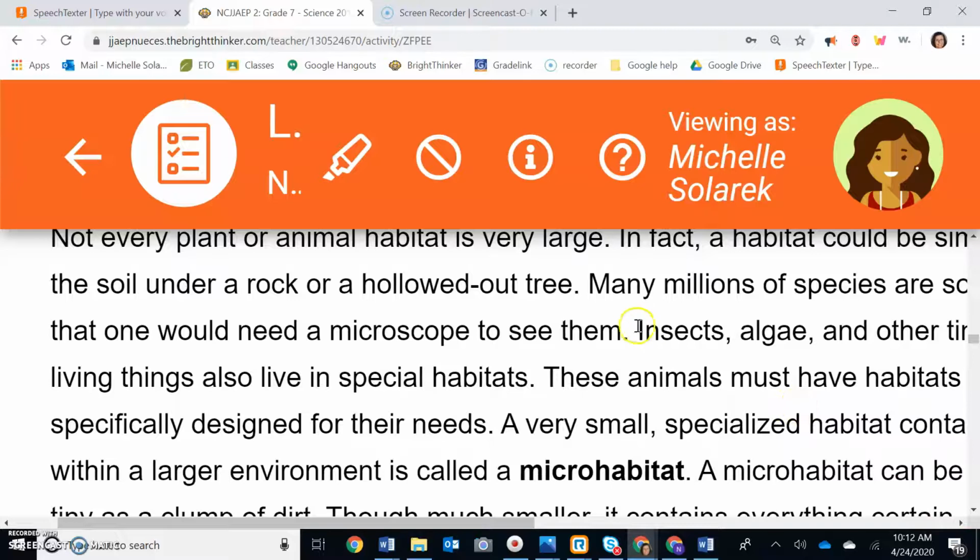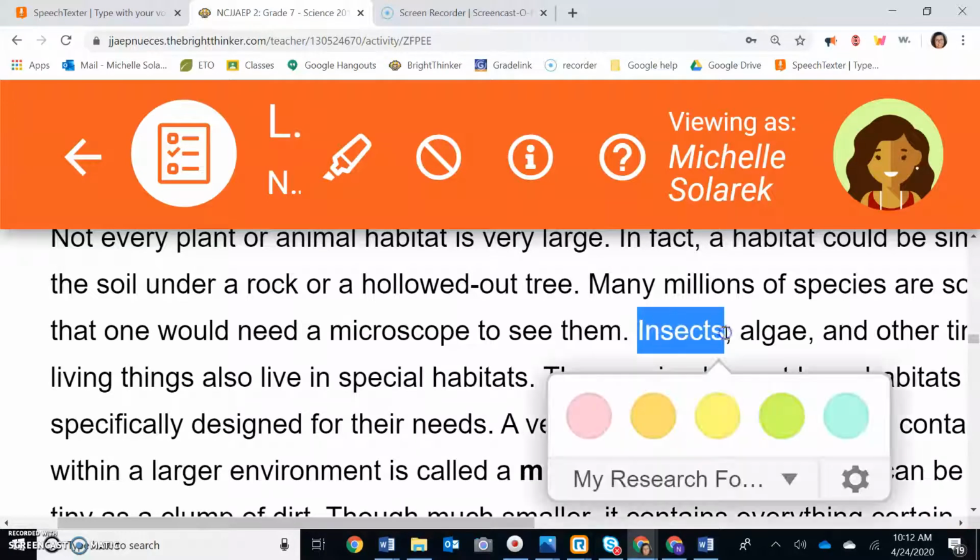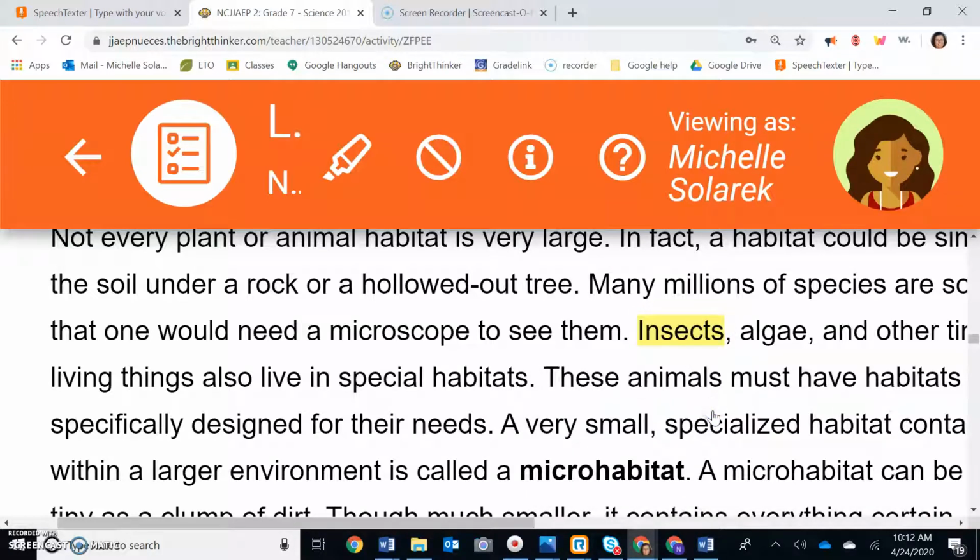So what type of little species might live in a microhabitat? I highlighted the answer for you in yellow because it's your answer, insects. So you could either say insects or name an insect like fly, ant, whatever. But please name what might live in a microhabitat. And that's it, you're done. 1 through 5, snap a picture of it, send it to me.